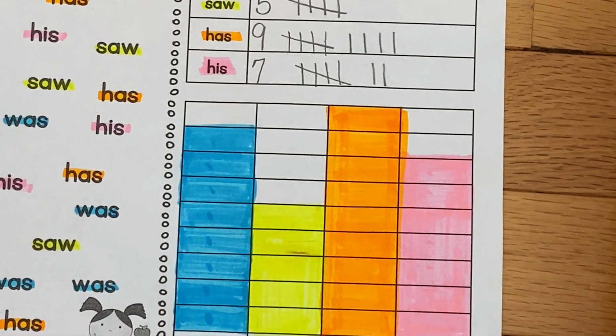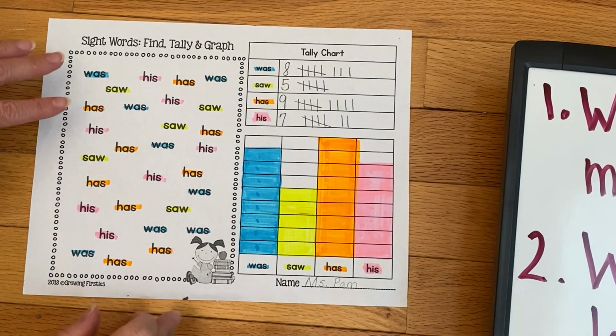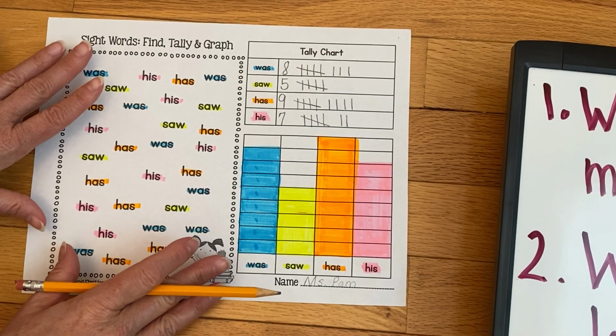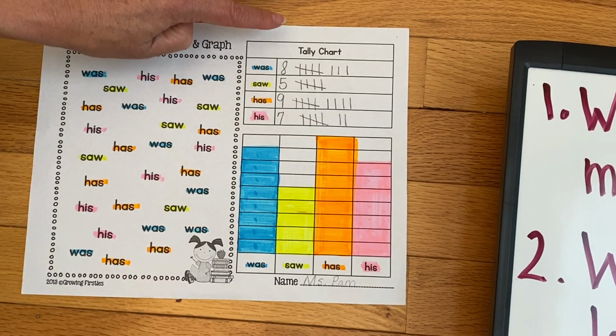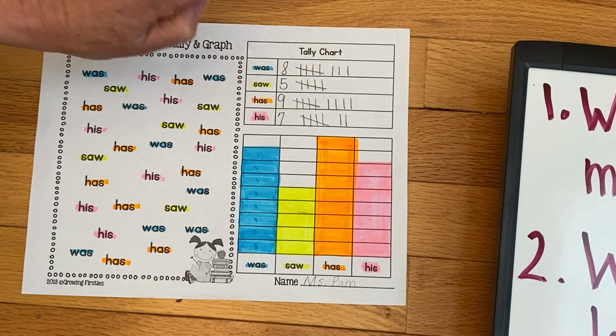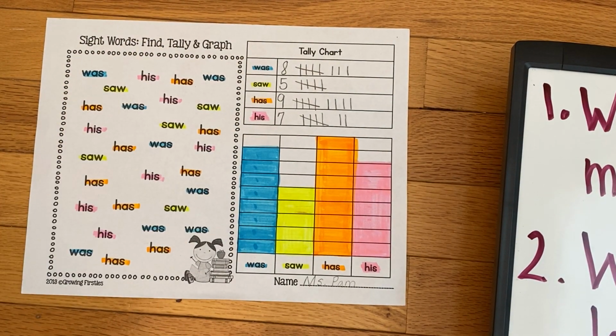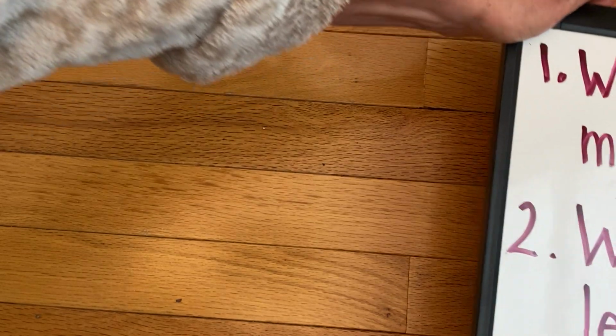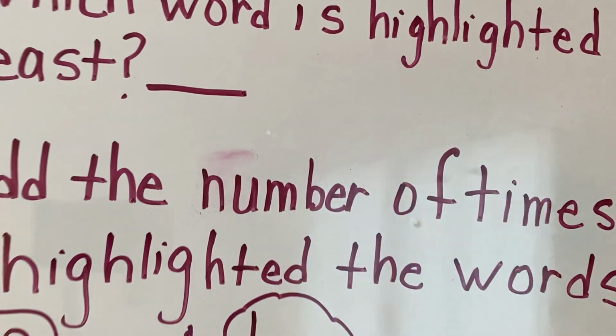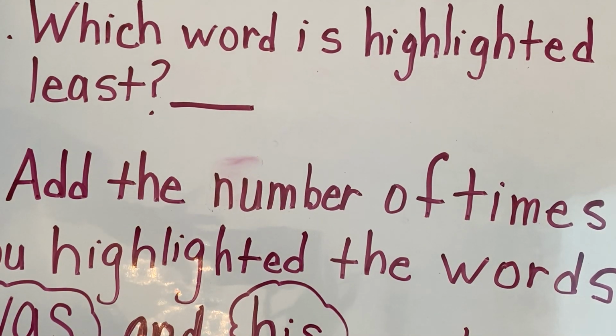All right, so what I want you girls to do is to keep your paper in front of you, because you're going to refer to the tally chart or your bar graph to answer some questions. You can just answer them on your own out loud, but then we're going to share our answers using the whiteboard.